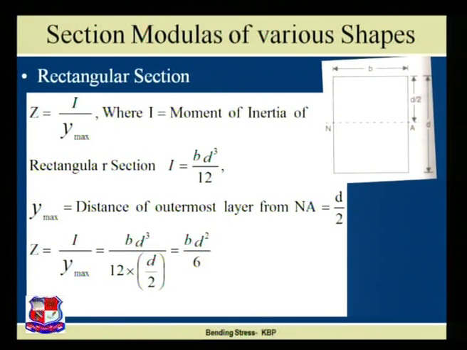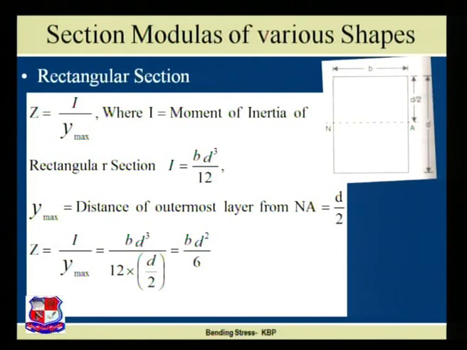Let us start with the first one, that is the rectangular section. In the figure which has been drawn, width is b, depth is d, and distance from the topmost layer to the neutral axis is d by 2. As such, the given section is symmetrical about x-x axis and y-y axis. So, in our case, the y max, that is the distance of the outermost layer from neutral axis, is d by 2. Why this d by 2? As such, this is a symmetrical section.